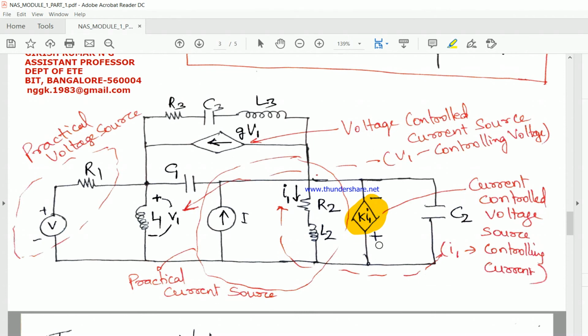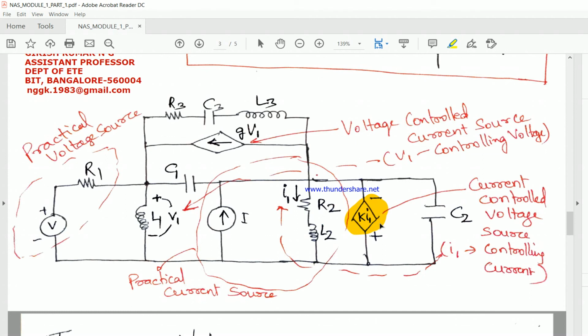It doesn't matter whether it is inside or outside, but this is a voltage source. They should definitely mention either an arrow or minus plus, either outside or inside. So as it is a voltage source, this voltage source is dependent on the parameter I1. I is used for current. Therefore I1 is current, therefore this is a current dependent voltage source.